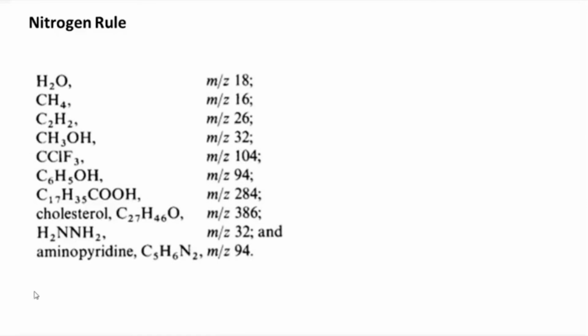If you observe the molecular ion patterns of various organic compounds, whenever there is nitrogen in even number, the molecular weight is even, and for all other carbon-containing or non-carbon-containing molecules, the molecular weight is always even.